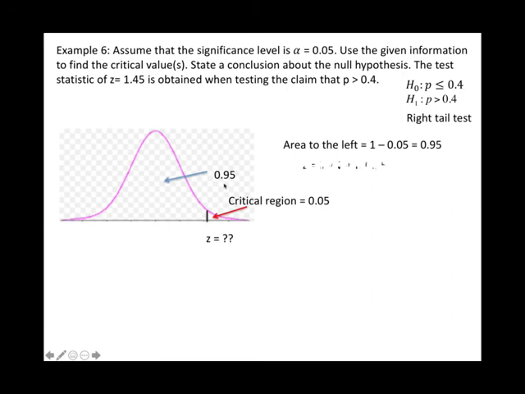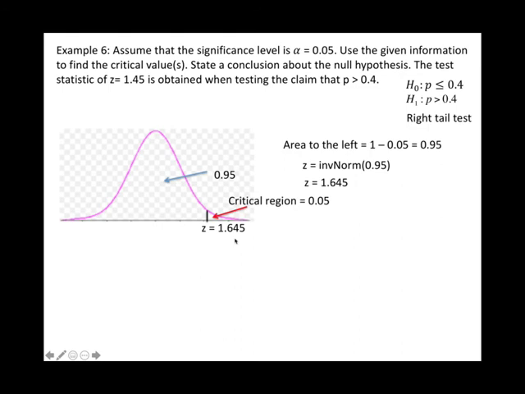We'll be using the inverse norm, right? Inverse norm. So use the calculator. You're going to get 1.645. Okay, so I have my critical value equal to 1.645.